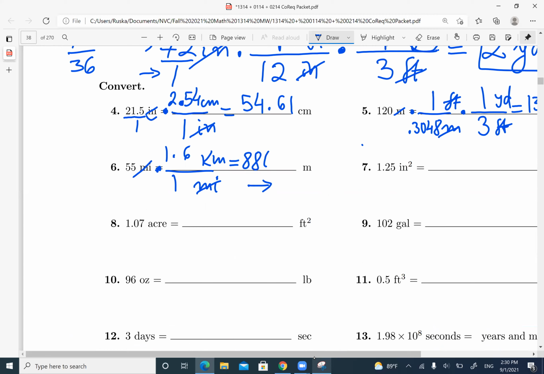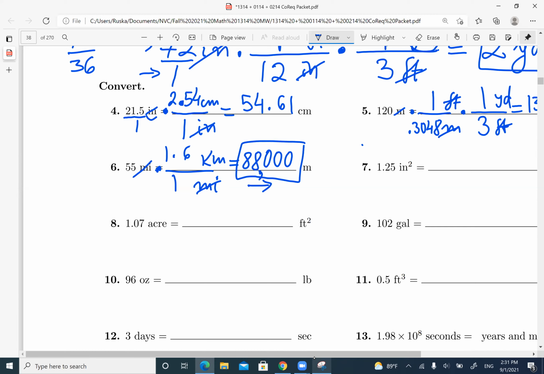So I need to put just 3 zeros. Because kilometer to meter, you're moving it 3 places to the right. Everybody understand that? Yes. So it's going to be 88,000 meters.